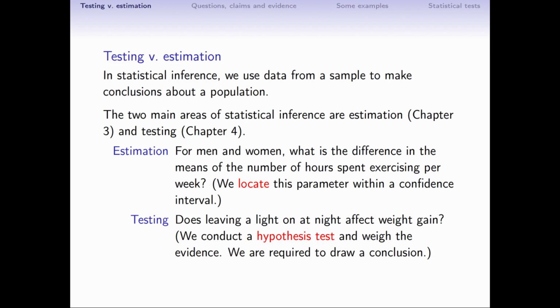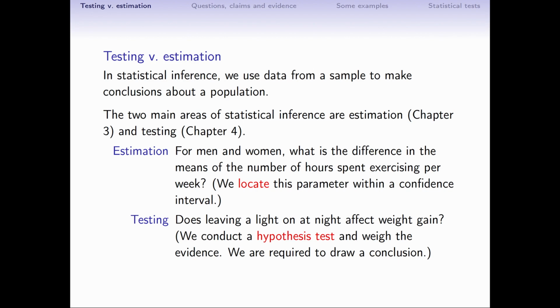In testing, we ask questions like, does leaving a light on at night affect weight gain? Here we conduct a hypothesis test and weigh the evidence, and we are required to draw a conclusion. So while estimation and testing both fit under the heading of statistical inference, they feel very different, right? In estimation, we're being asked to locate a parameter.